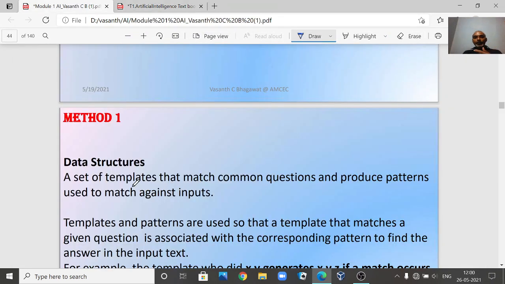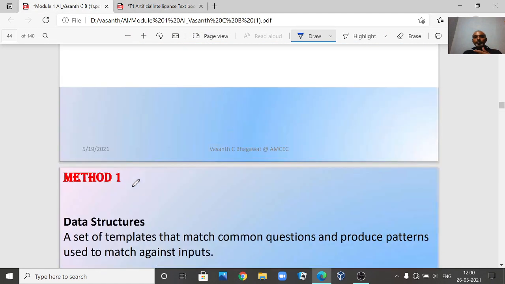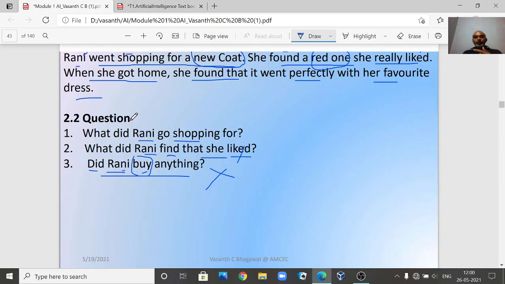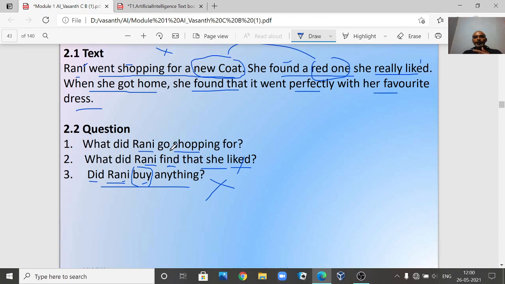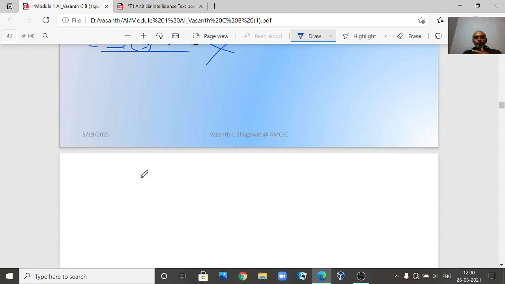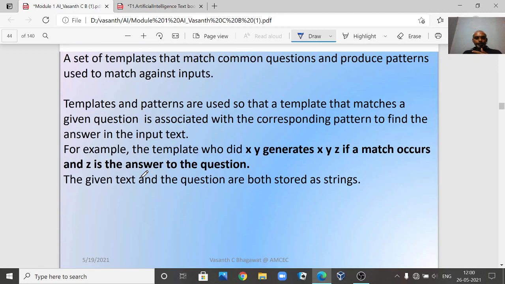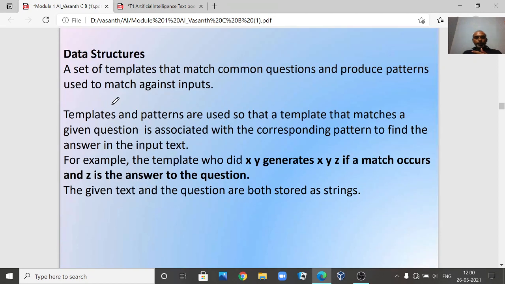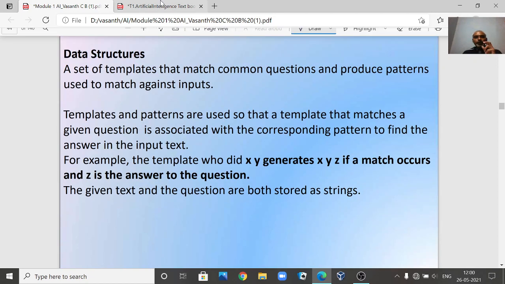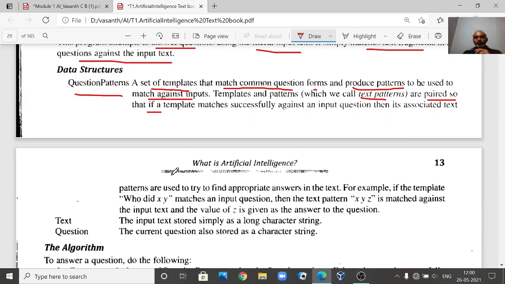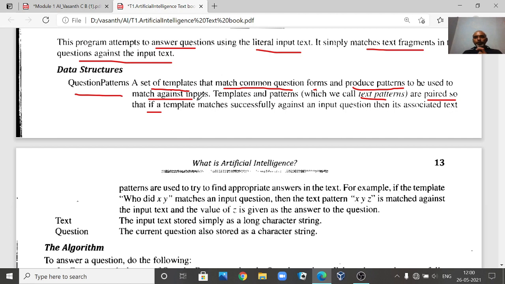Now let's see how we have done it. If this is my example, or this is the question, so let us come here. This is what we are going to do, right? Okay, we'll come to that once we define the data structure. So what it says is that we have two things, templates and patterns.